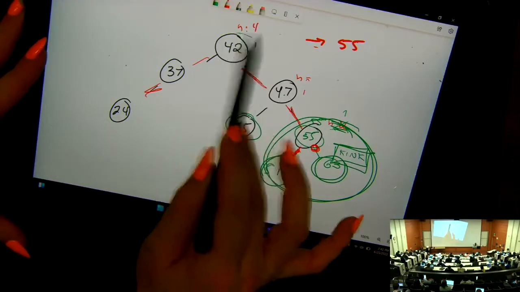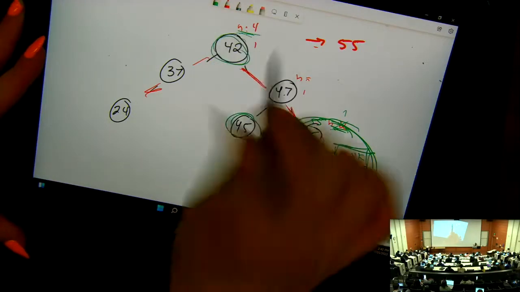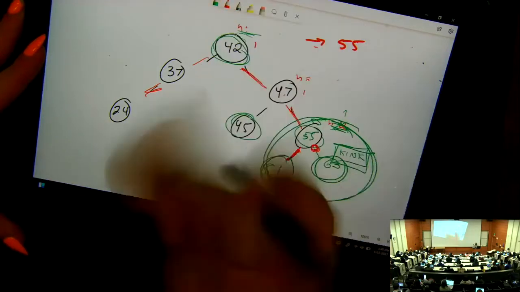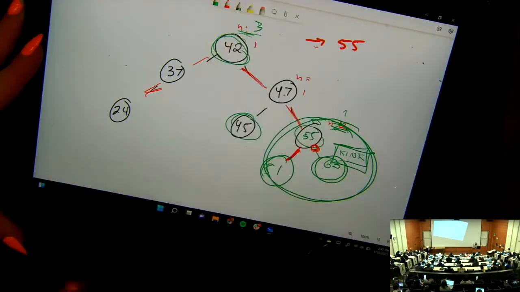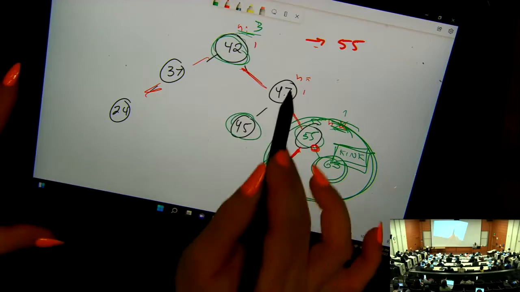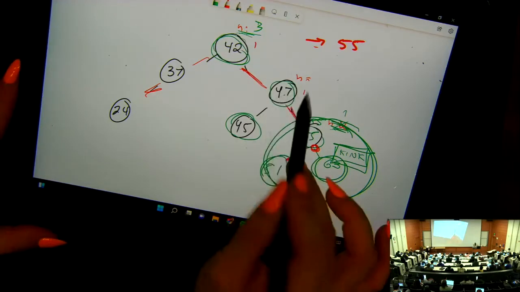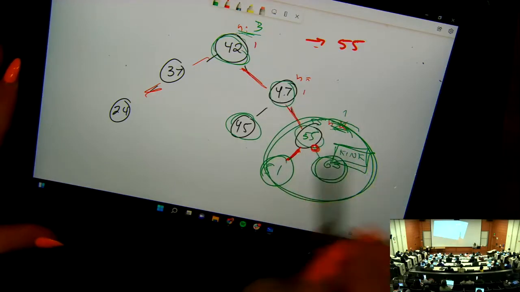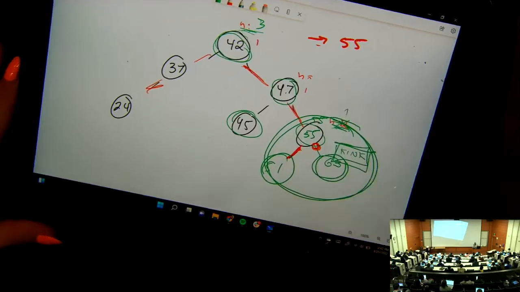So like the height of 42 was 4, and now it's 3, right? Because of how I changed this tree. And so we always talk about it in terms of each individual node. Like this 47's height is what, there we go. And 55, that height, and so on and so forth. So we always talk about it in terms of the individual nodes.